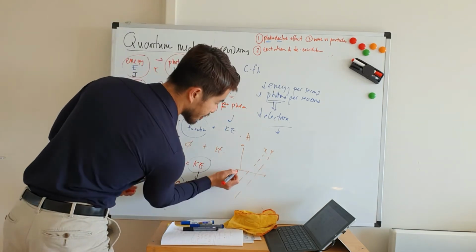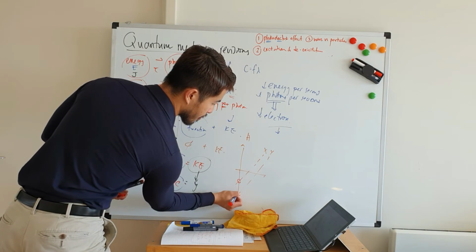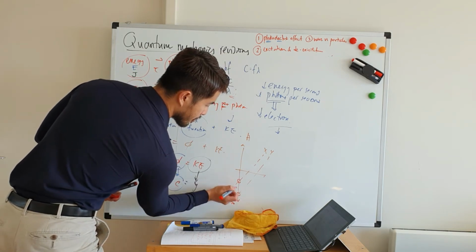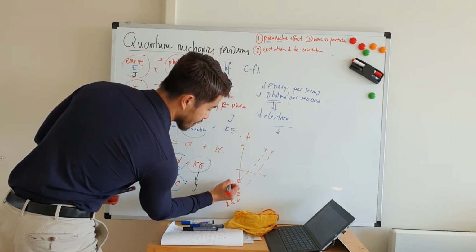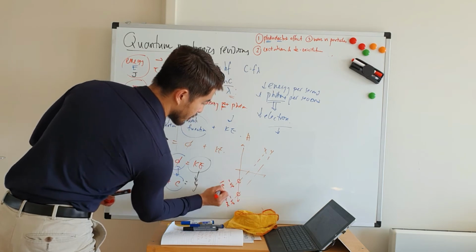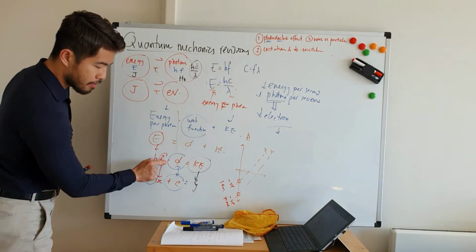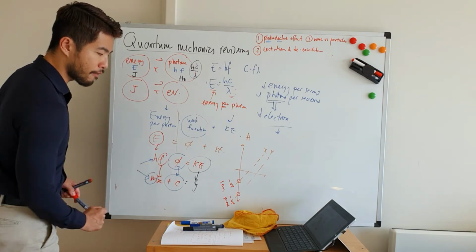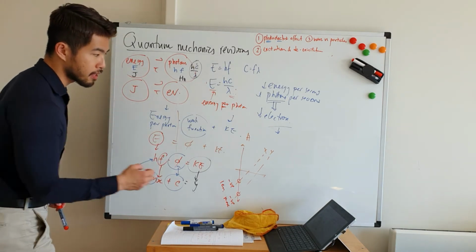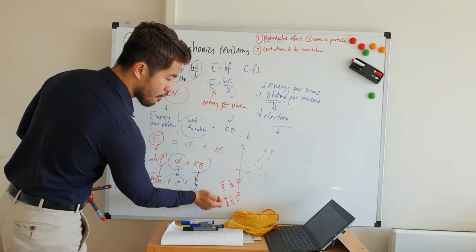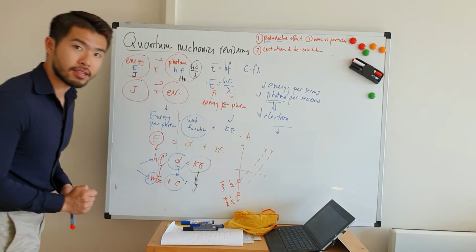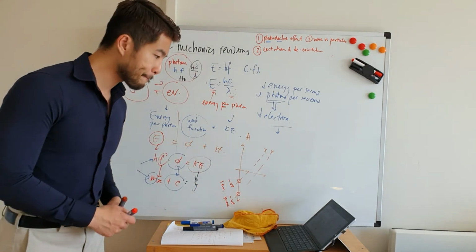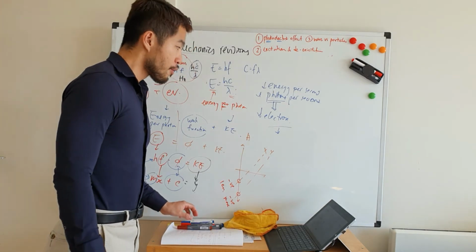If I extend that, this is more negative than this. So that means that Y has a higher work function and X has a lower work function. All right, question 4.